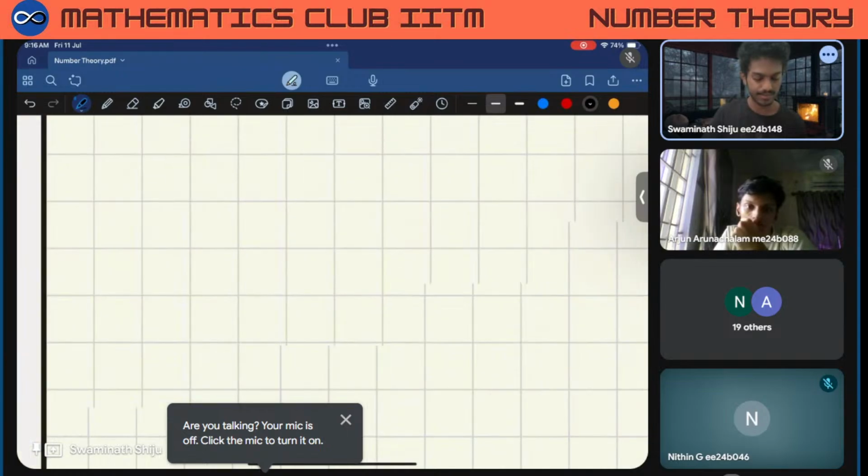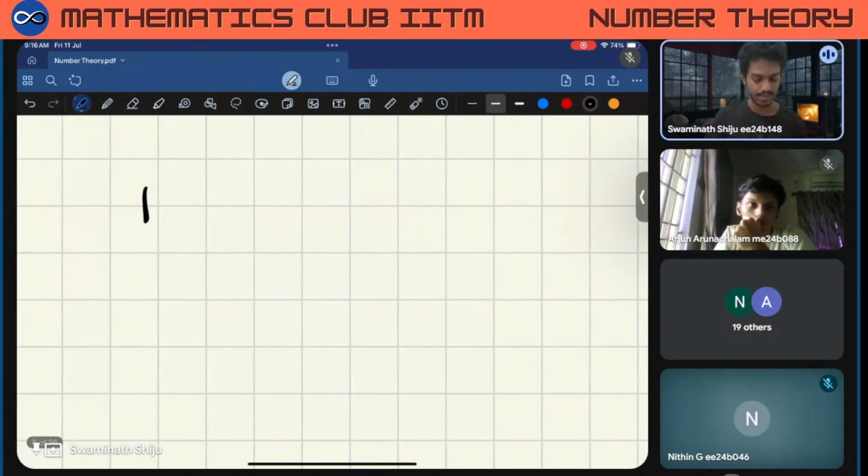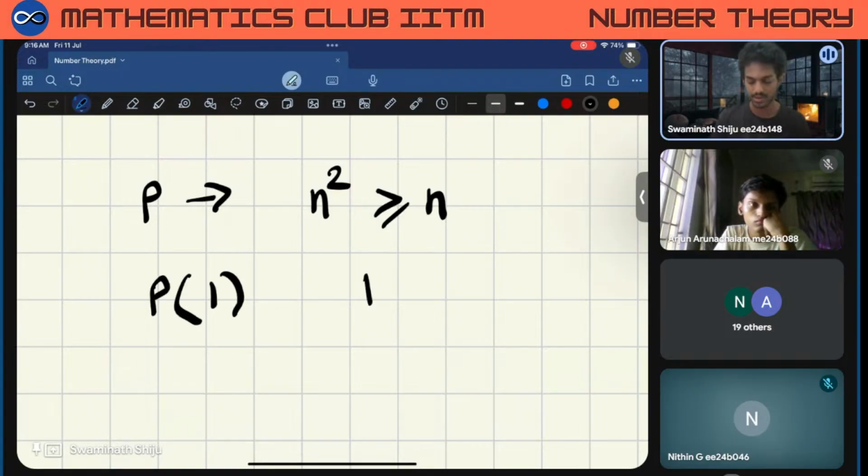Say I told you that some statement P, say P is that n square is greater than or equal to n. Assume I told you that P is true for 1. That's obviously true, 1 square is greater than or equal to 1.